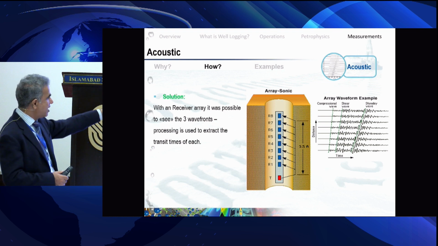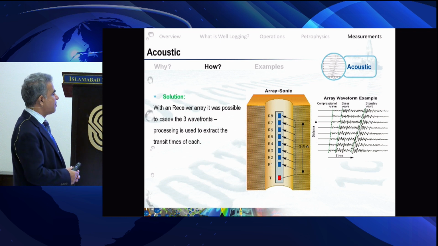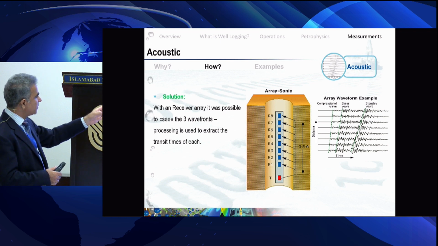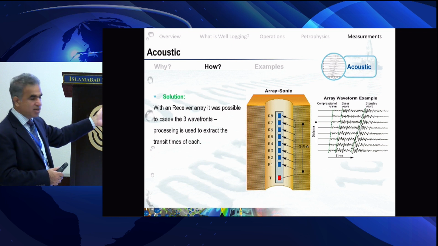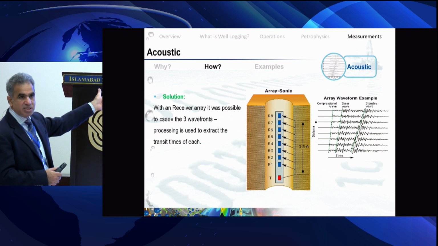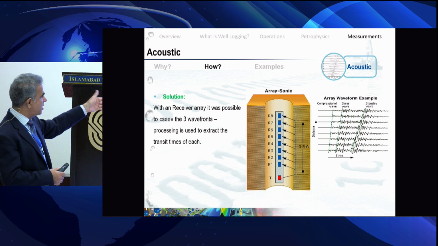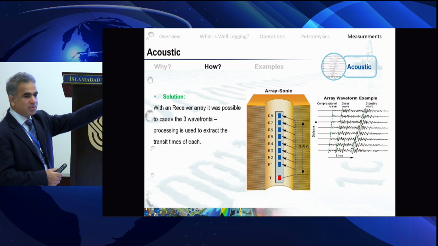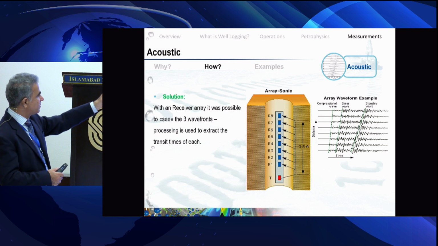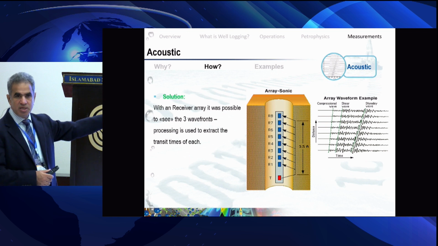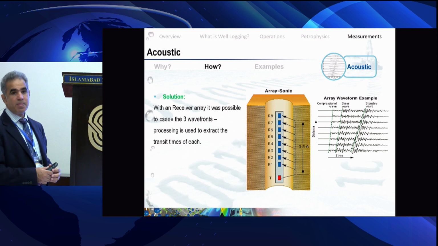As you see in the array waveform examples at the bottom, the wave reaches the first receiver earlier, and as it travels to the next receiver, it is delayed further. So this makes a slanted line, with the first one compressional, the middle one shear, and the last one Stoneley. This is their order.